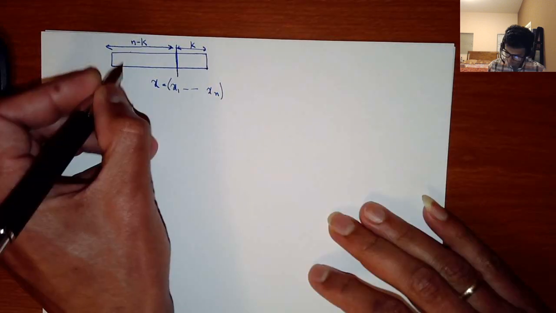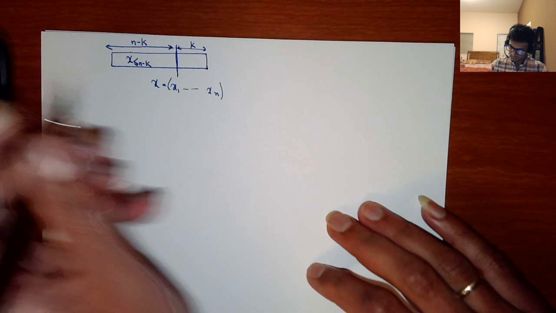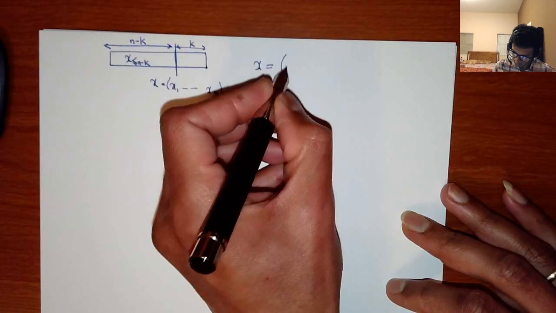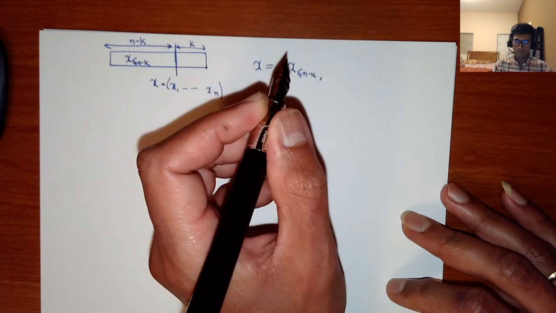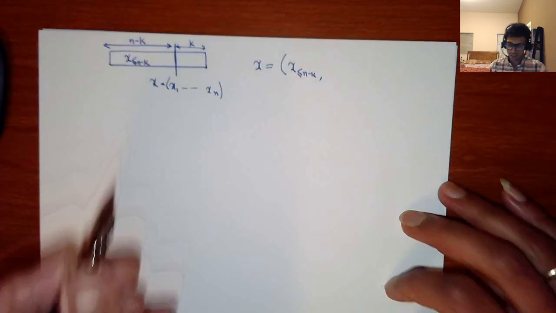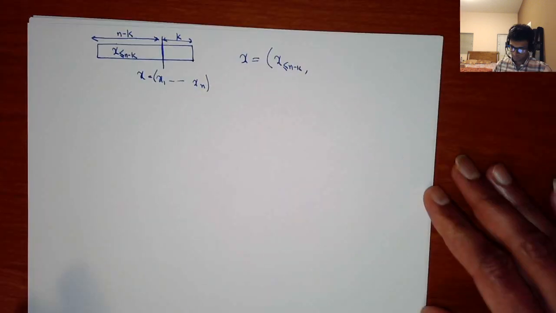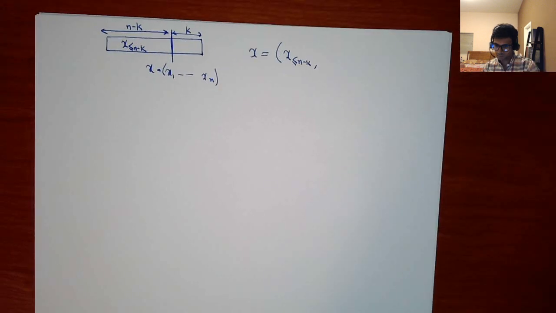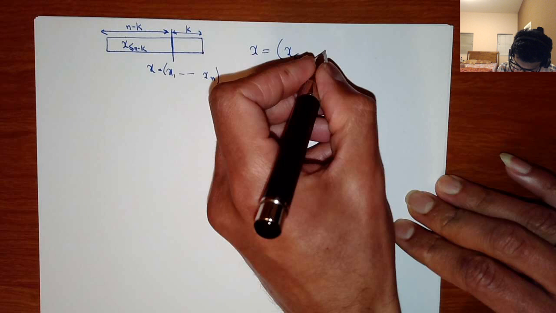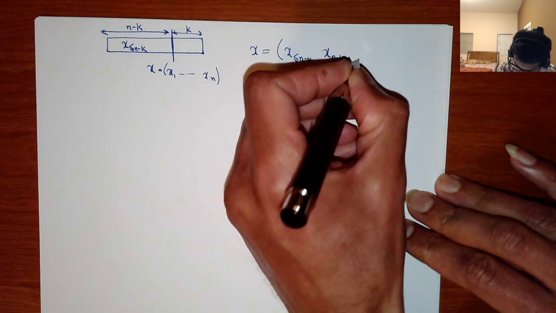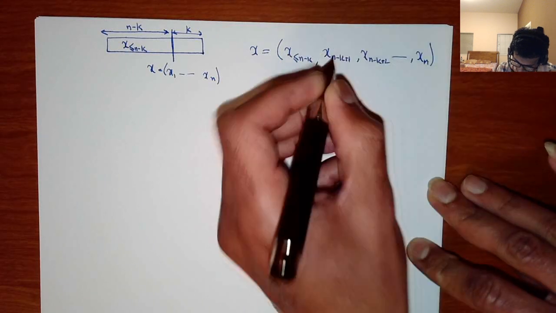I'm going to refer to this part as x less than n minus k. So I think of my input x as x less than n minus k, and then the last k bits, which are x n minus k plus 1, x n minus k plus 2, up to xn.